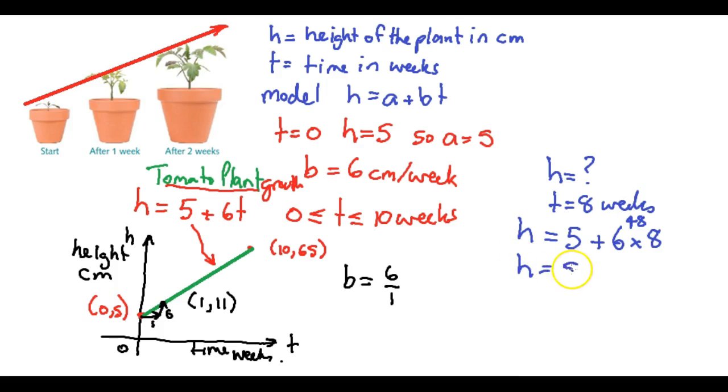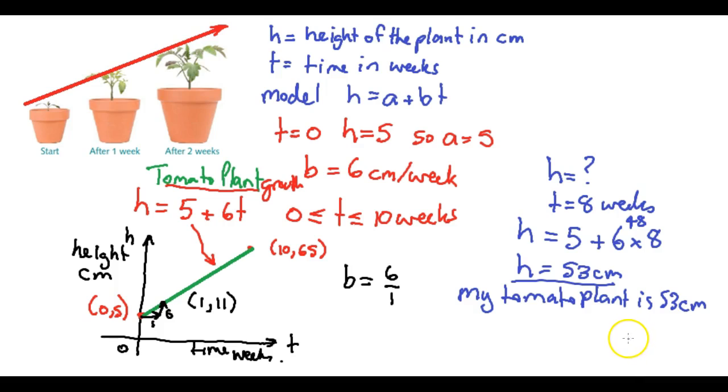So my plant will be 53 centimetres tall. And I should always, when I'm doing these word problems, not just leave it with the maths, but actually write a short sentence so that people know you've answered the question.